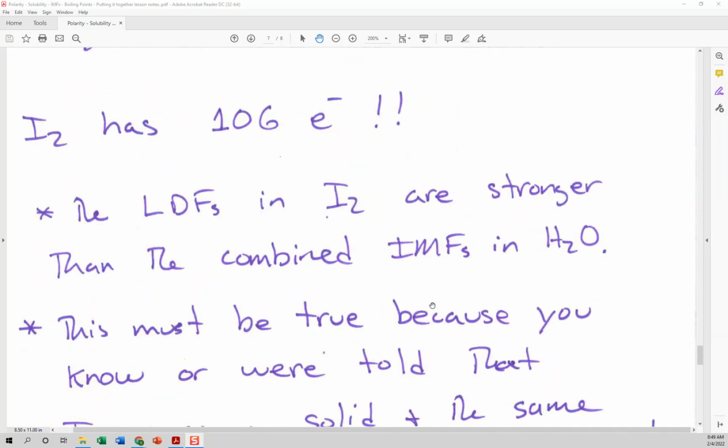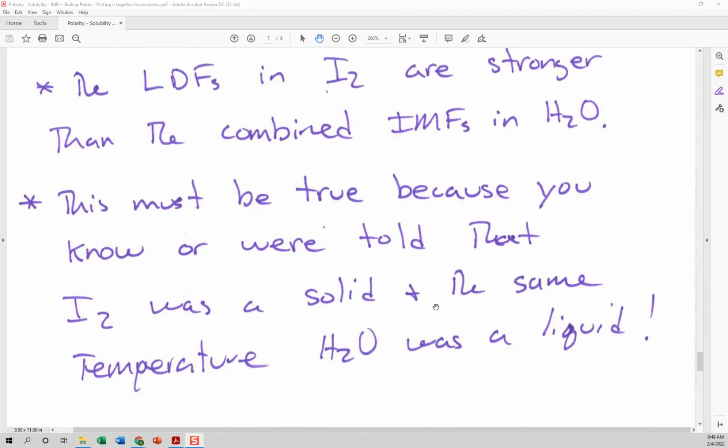So if I asked you what has a higher boiling point, iodine or water, and I didn't remind you that iodine was a solid, then I would expect a lot of you to say water has a higher boiling point or a higher melting point than iodine because it has hydrogen bonding and all iodine has is London dispersion.